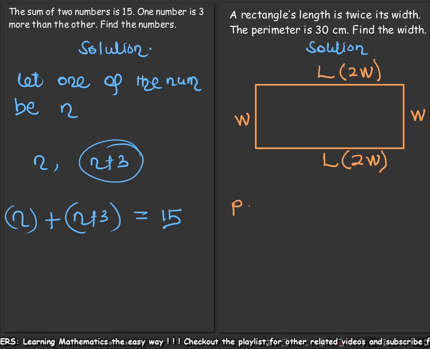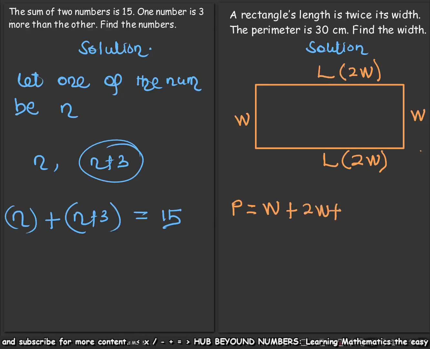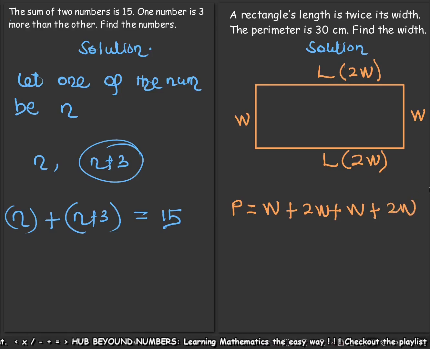So we know the perimeter of a rectangle is what? The total distance. So that is this width plus this here, which is L, but it's actually 2W from this statement, twice the width. So 2W, then plus this W here, plus this 2W over here.